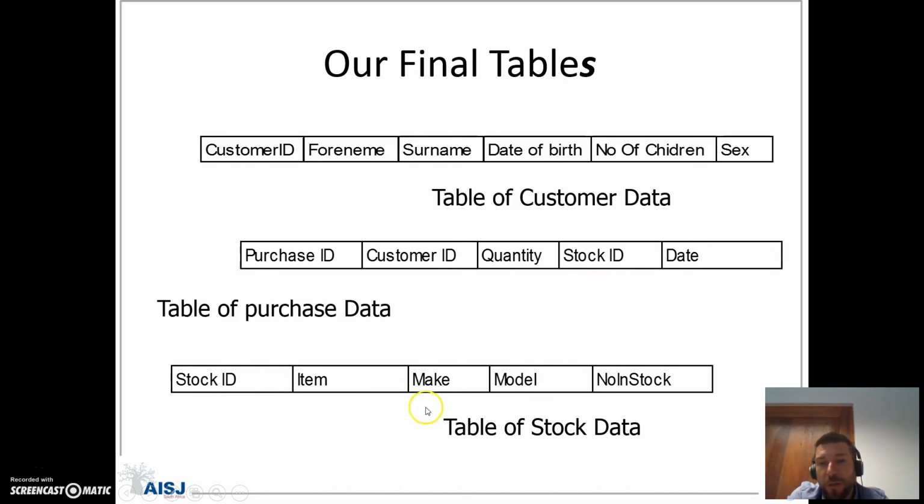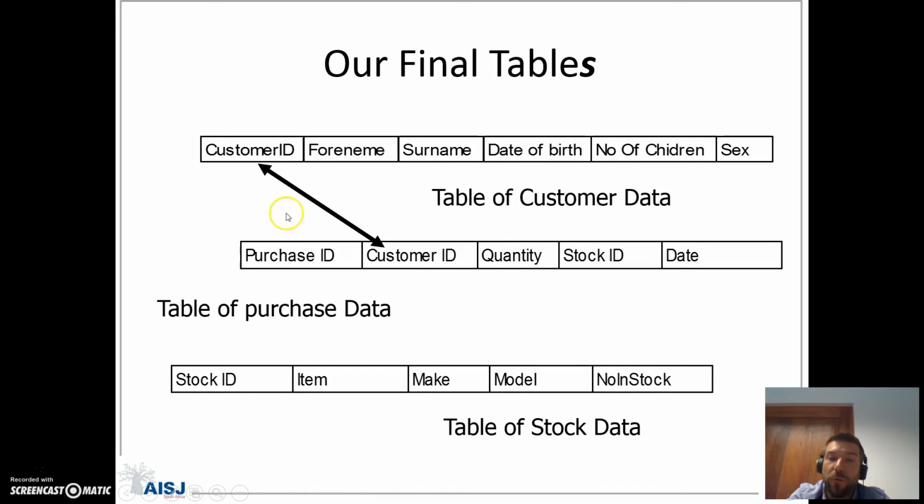And I've just put in some other bits of data like the model number, the make, the number in stock, just to show you that we can add in a whole bunch more data about those items if we want, because this is very clearly just data about stock. Okay, so that's what the tables look like now.